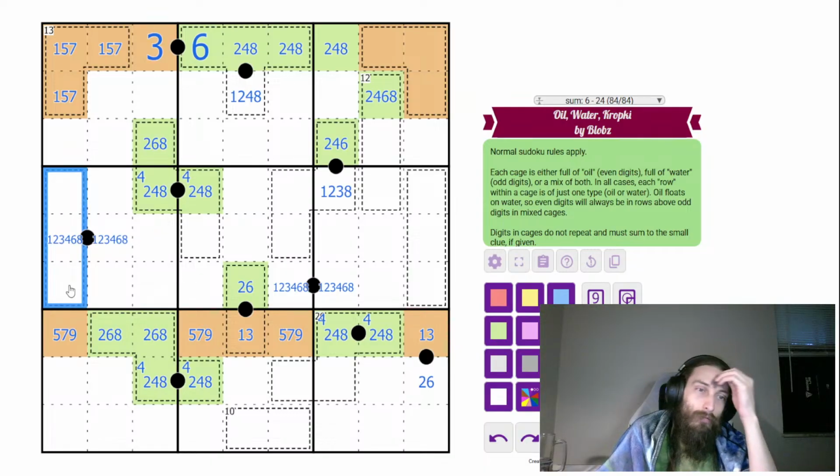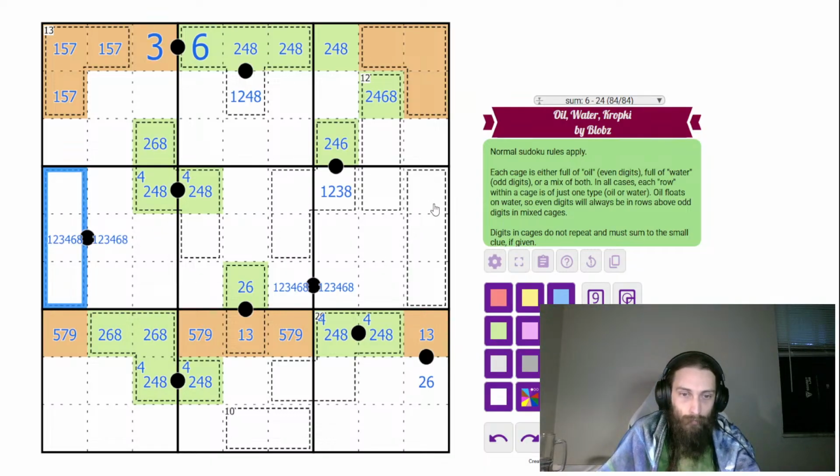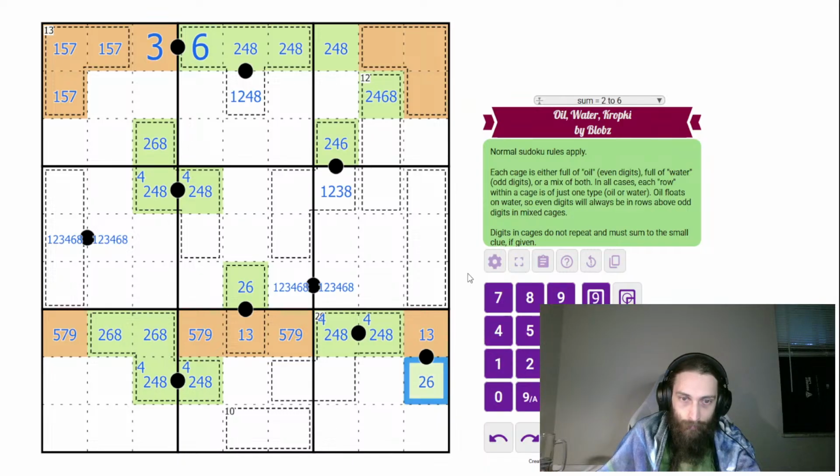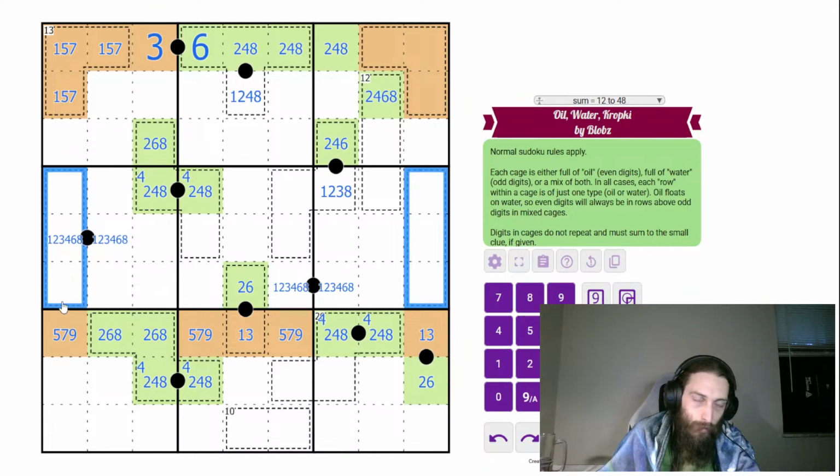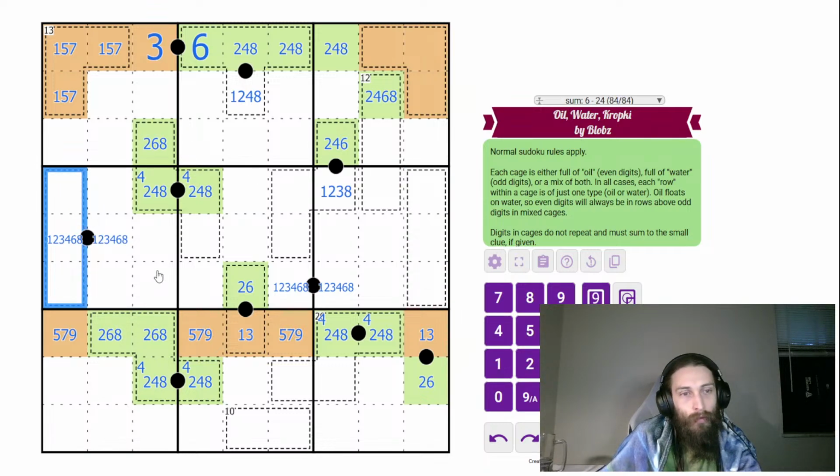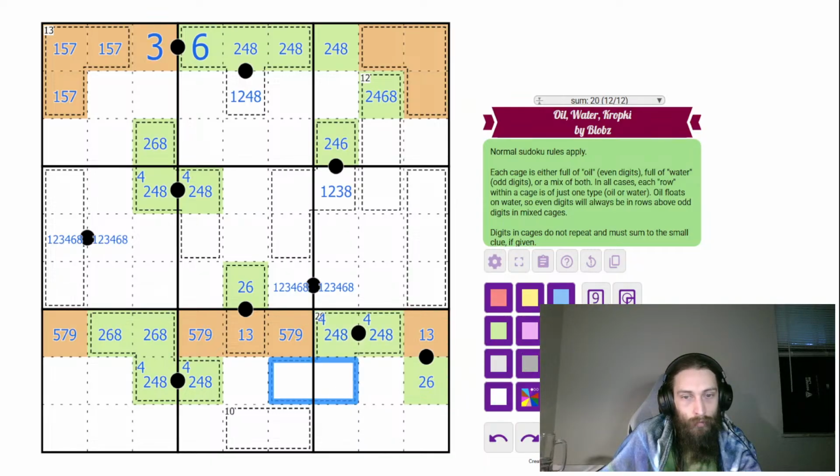And we know that that 2 or 6 is even. Box 9, right. But these 3 cell cages, right. So that 20 cage that's in box 9, we now know those are both odd.